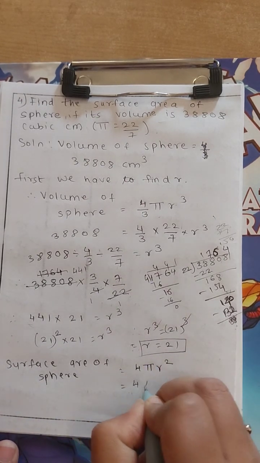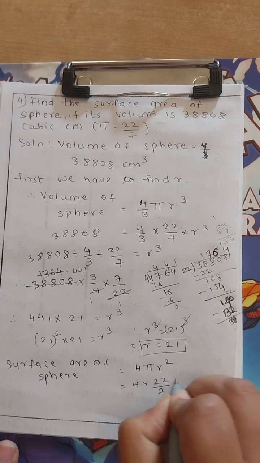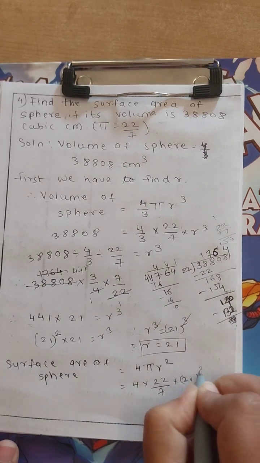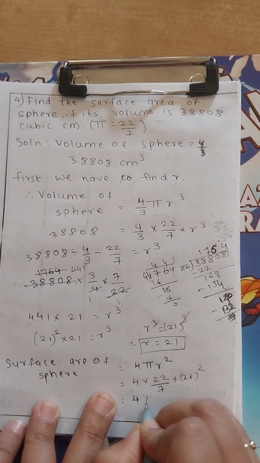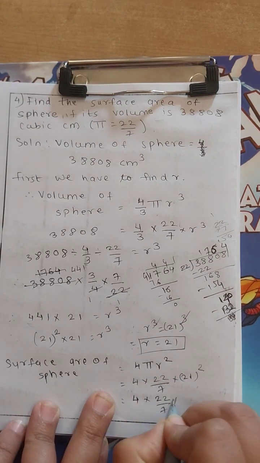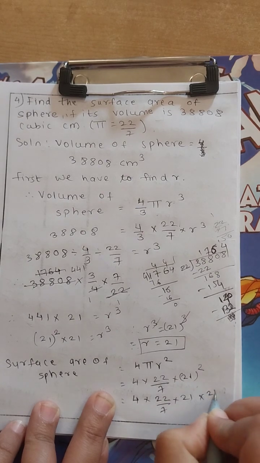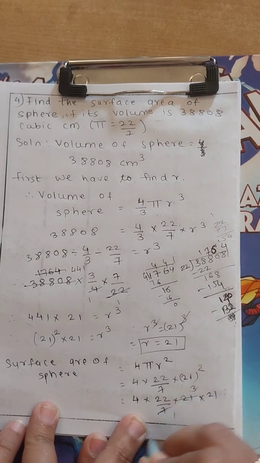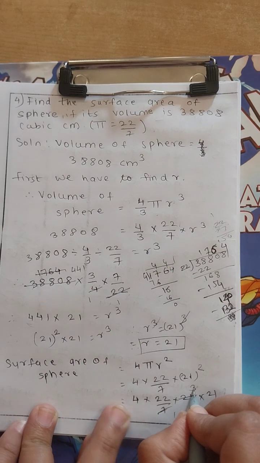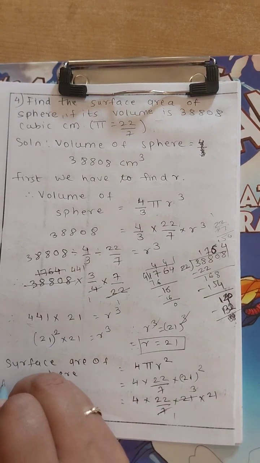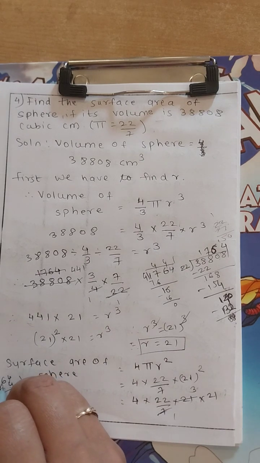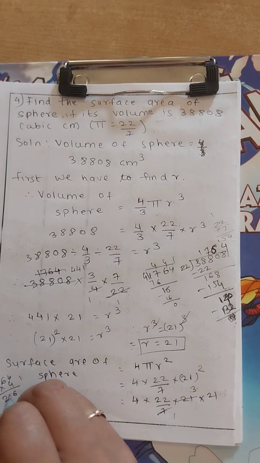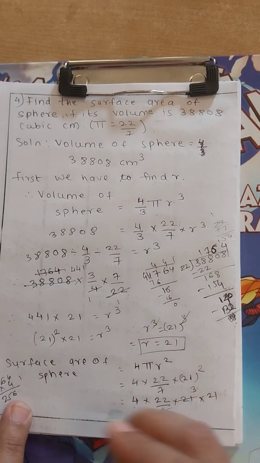Which is equal to 4 into 22/7 into 21 square, which is equal to 4 into 22 upon 7 into 21 into 21. 7 ones are 7, 7 3s are 21. 21 3s are 63. 63 into 4. 4 3s are 12. 4 6s are 24 plus 2 is 26. 256 into 22.